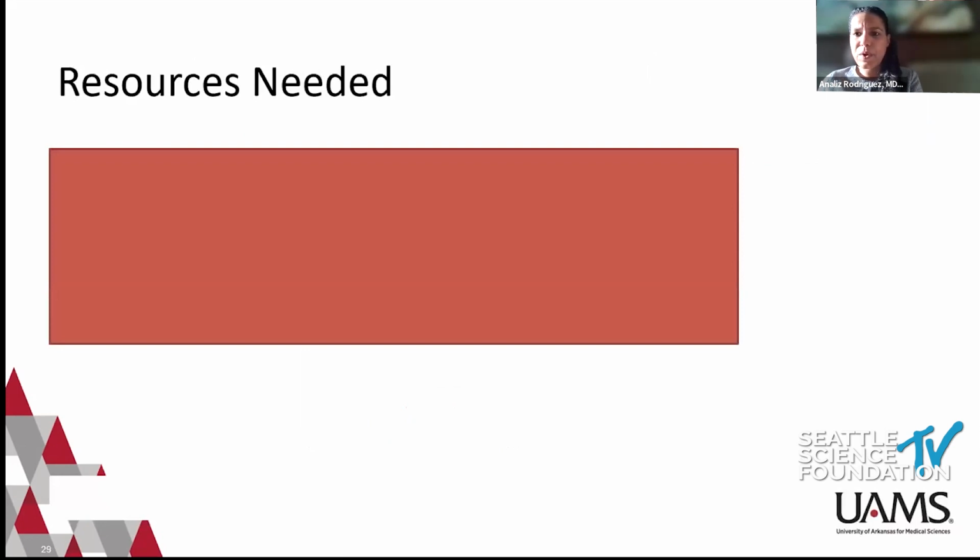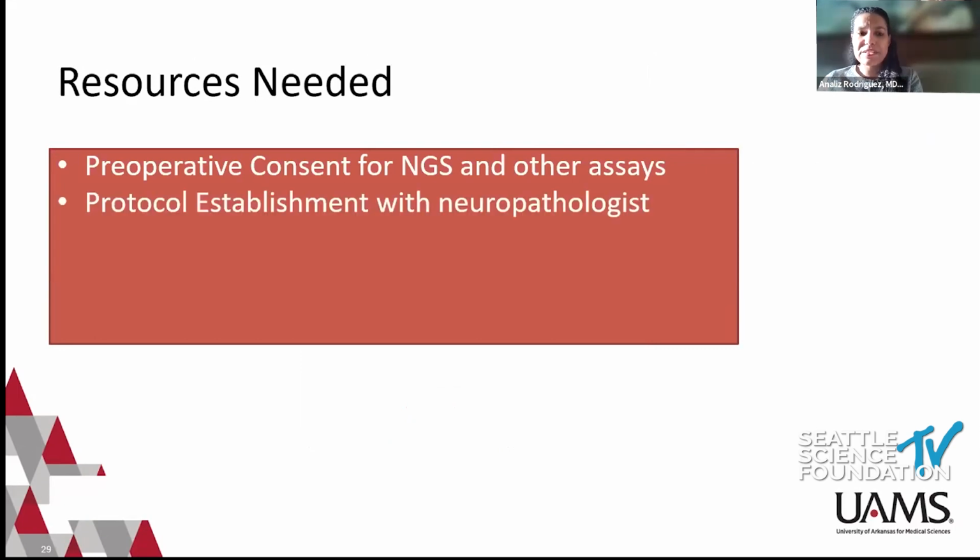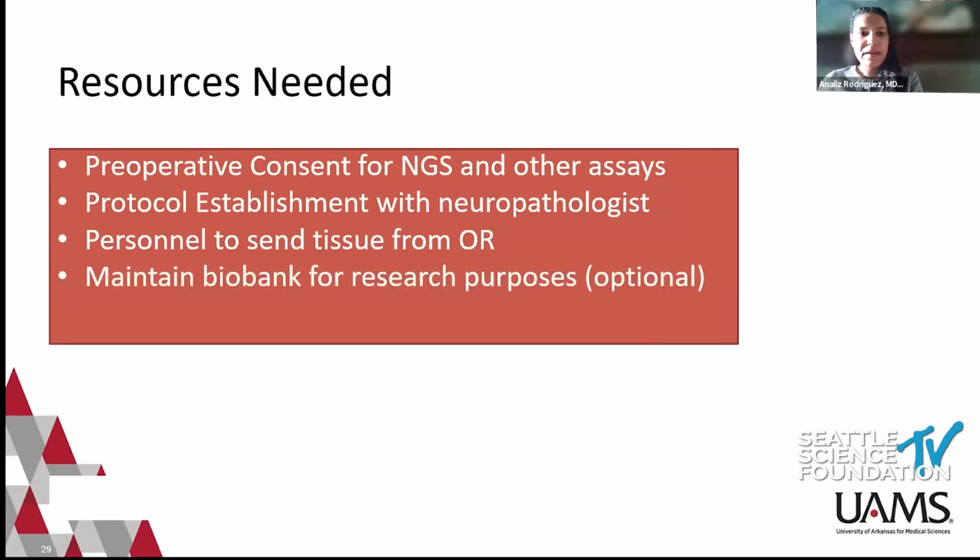I hope that this talk was helpful for people. This does take a lot of resources. You have to actually implement a system to incorporate preoperative consent. You also have to establish a protocol and work closely with your neuropathologist about how you're going to manage intraoperative tissue. And you need personnel, which can be expensive.